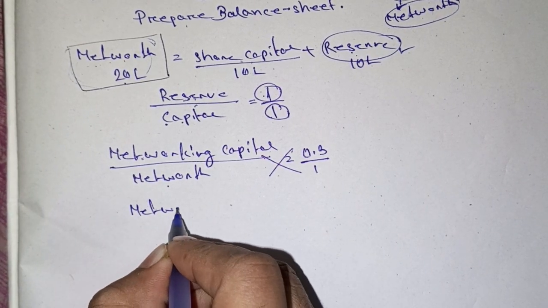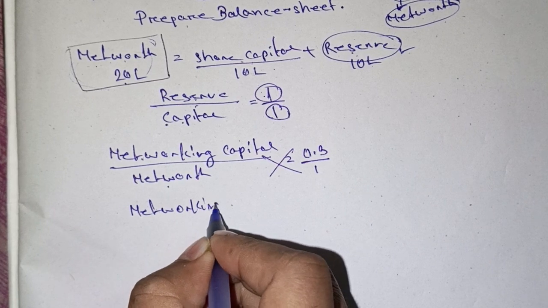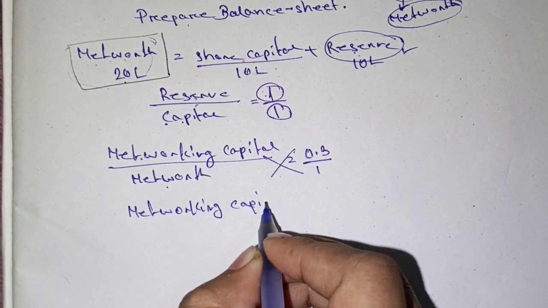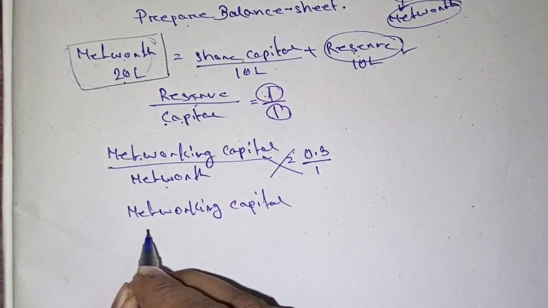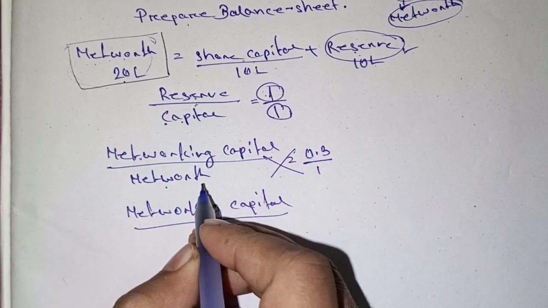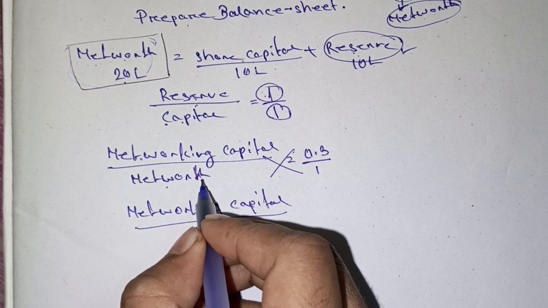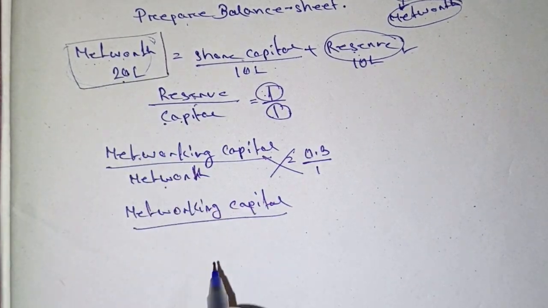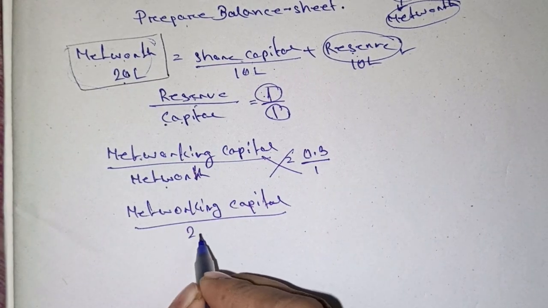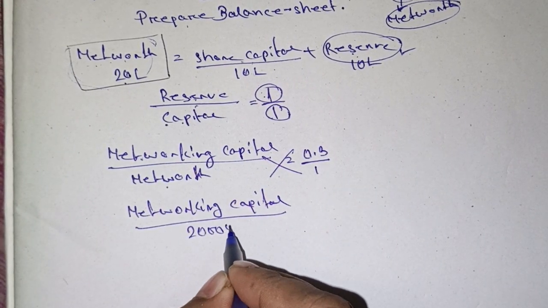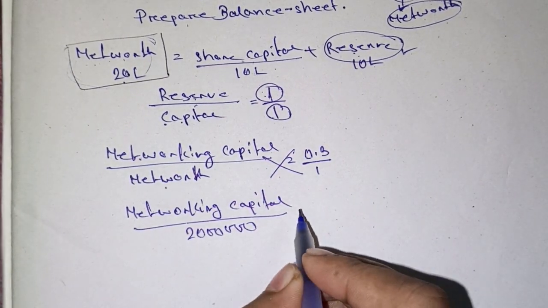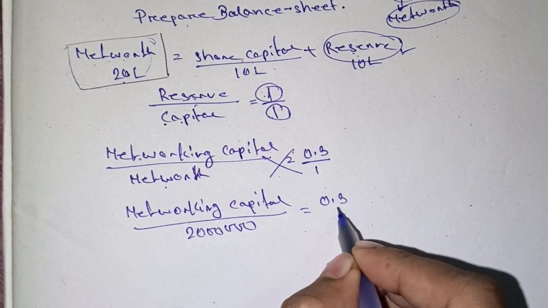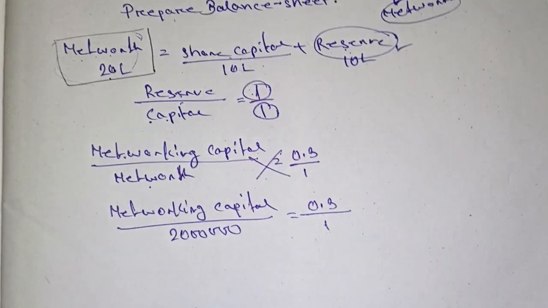Net working capital, we have to find this, and net worth is given. We have already found it. Net worth, how much? 20 lakhs, equal to 0.3 by 1.